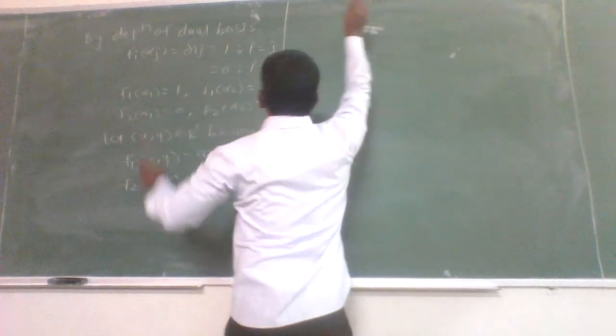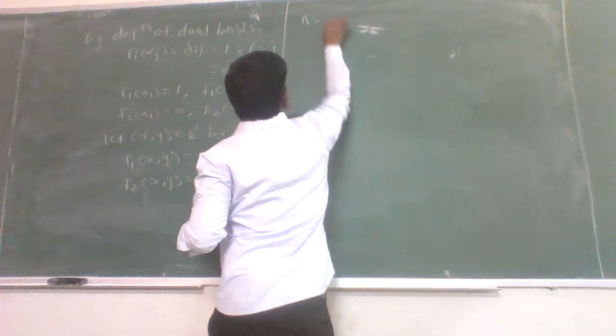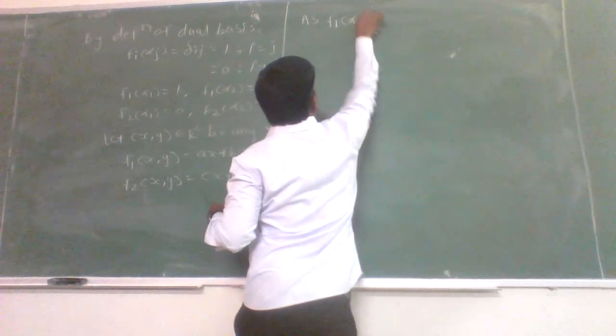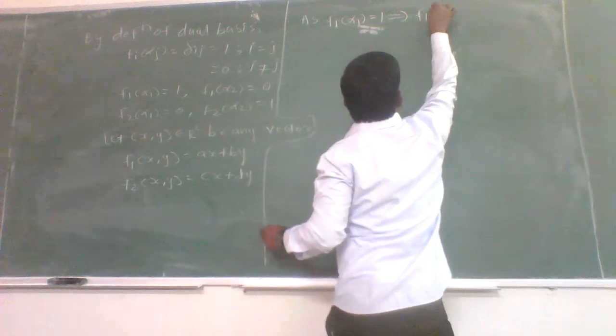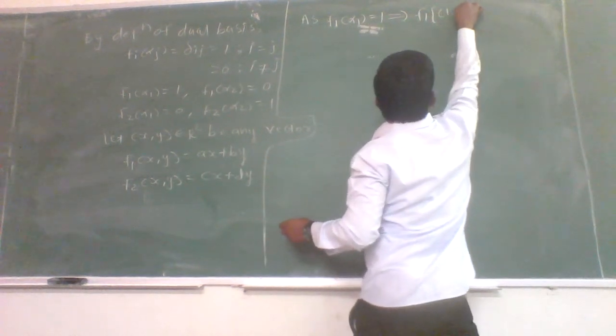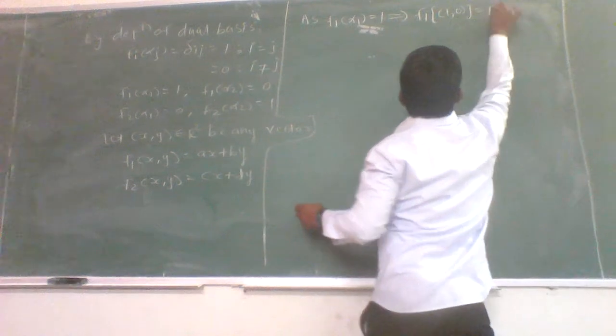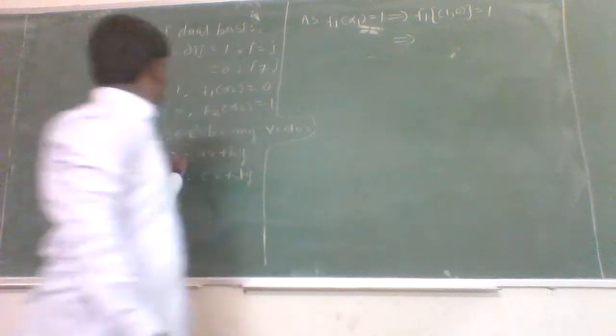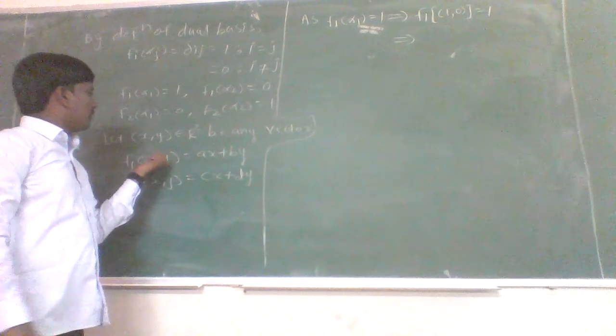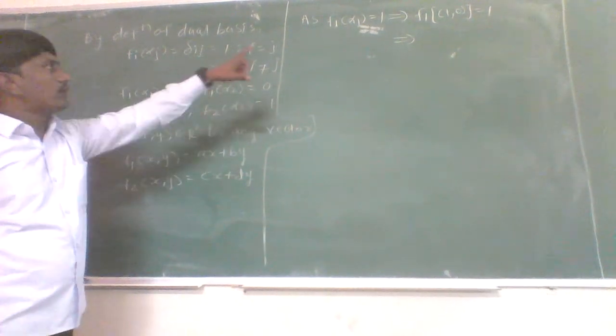As F1 of alpha 1 is equal to 1, F1 of (1, 0) is equal to 1.